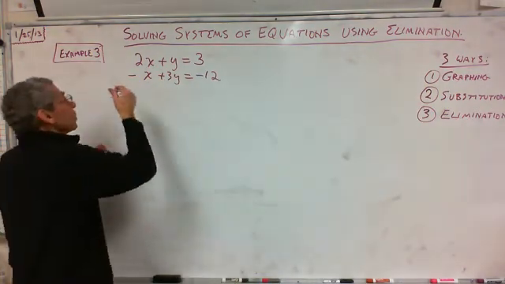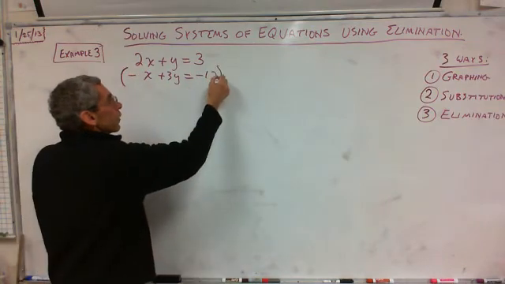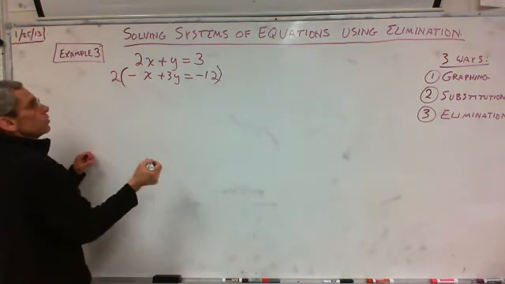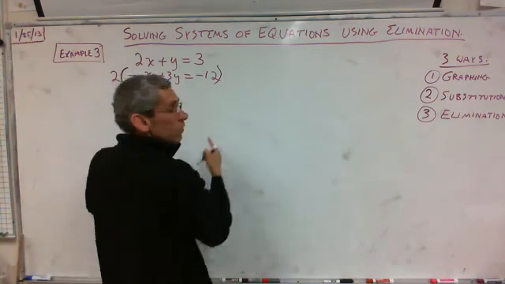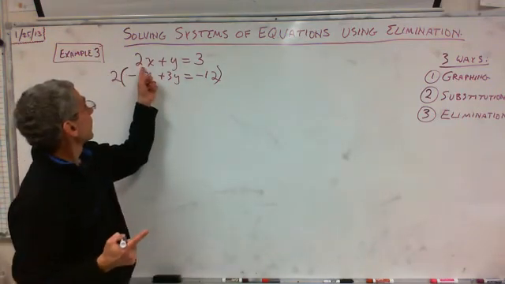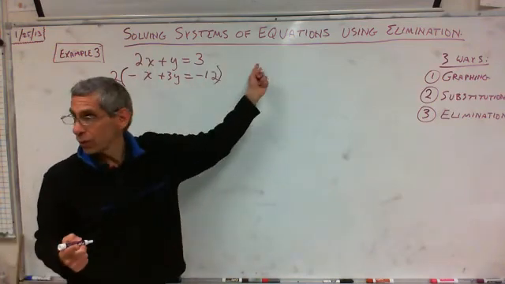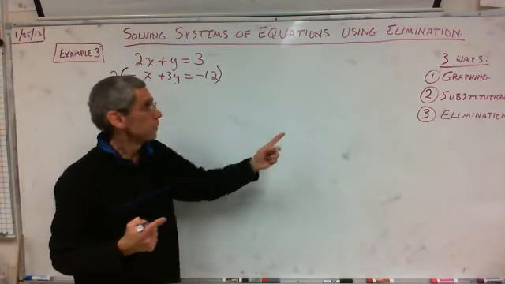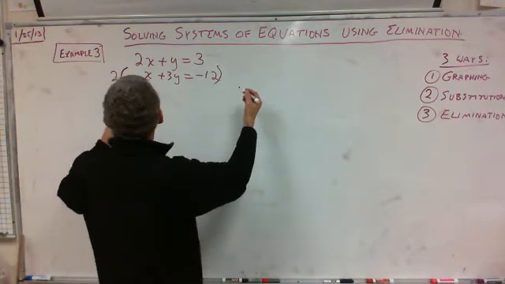So let's do that. You're going to put a big parenthesis around everything and multiply it times 2. You're going to write it over here. I like to write it to the right because then I like to bring this one back over and put it on top. Does that make sense? That way I can easily do my addition.